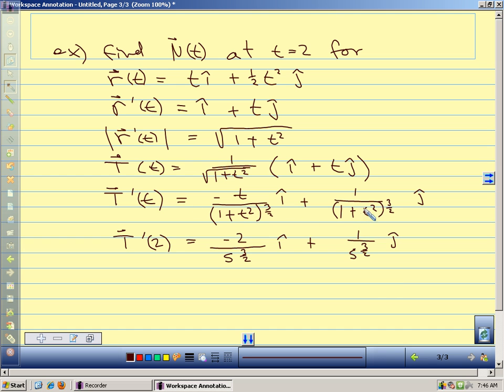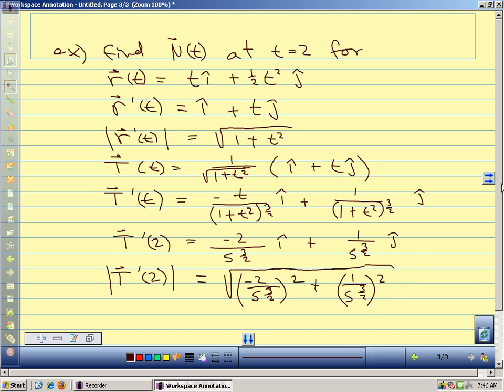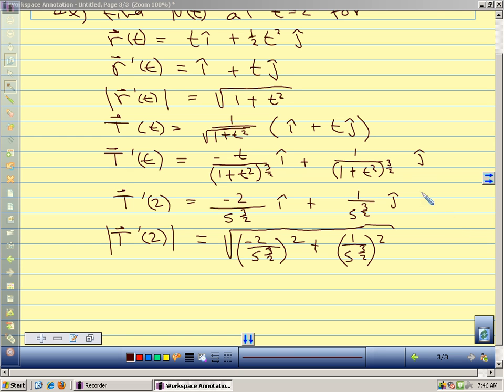So I'm just substituting t equals 2 in here. The length of T prime of 2 is the square root of (negative 2 over 5 to the 3 halves) squared plus (1 over 5 to the 3 halves) squared. And when we simplify that, we get 1/5.